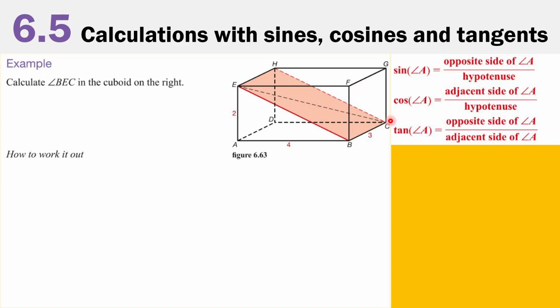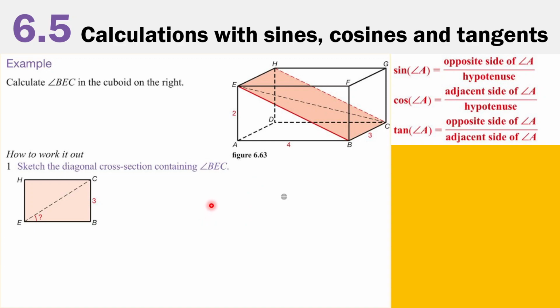And of course we still have to use the ratios for that, but the first and most important part is finding that. The book says now, well, start by sketching that diagonal cross section. So in this case, EHBC, and they sketch it like this, and they say, well, this is the actual angle that we want to know. The only problem is, I only know one thing.